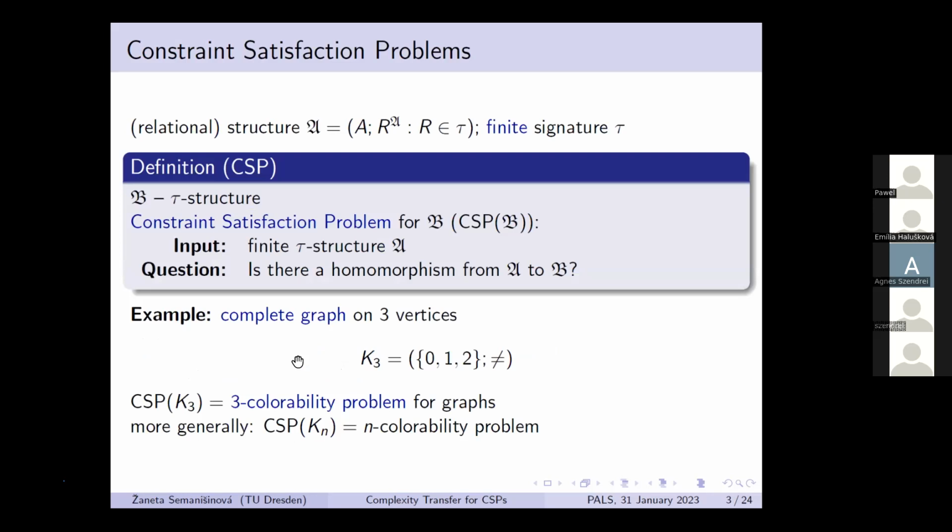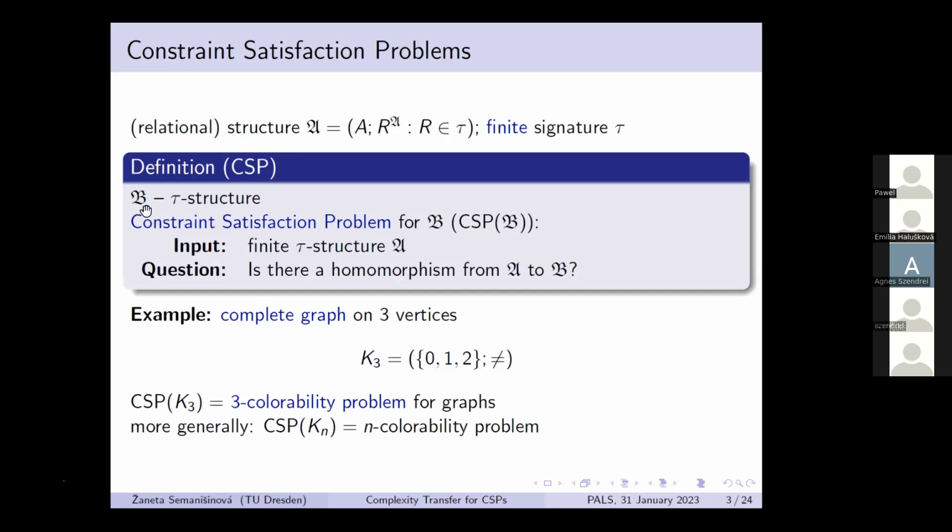I will have a lot of structures in the talk. A structure will always be a relational structure for me, with some relational signature, usually just implicit, and the signature will be finite.